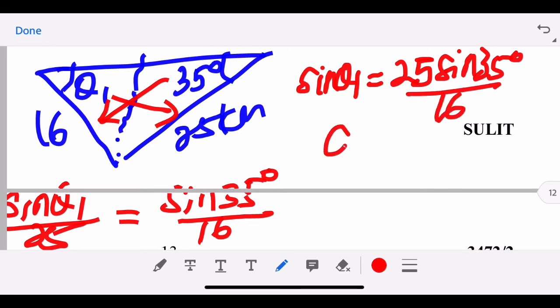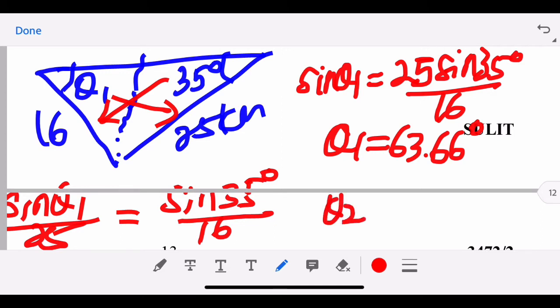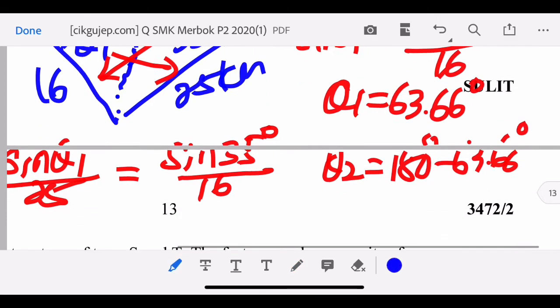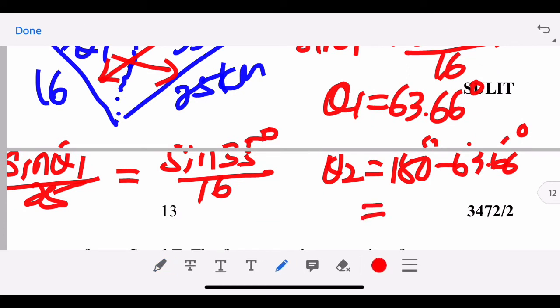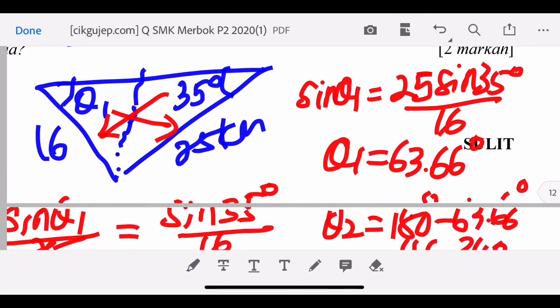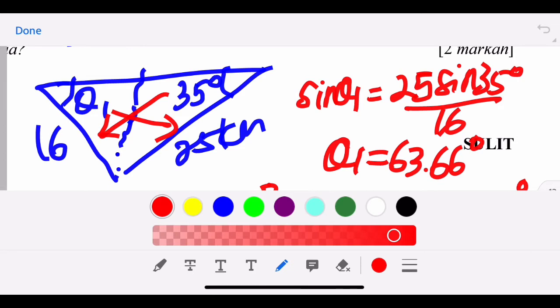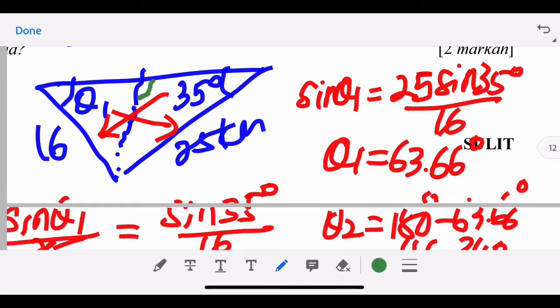So if you solve for theta 1, you should have two answers. One is the acute angle 63.66 degree, which is theta 1, and then for theta 2 you take 180 minus 63.66 degree, so you will get the answer 116.34 degree, right? So the theta 2 is actually here, so let me write down theta 2.